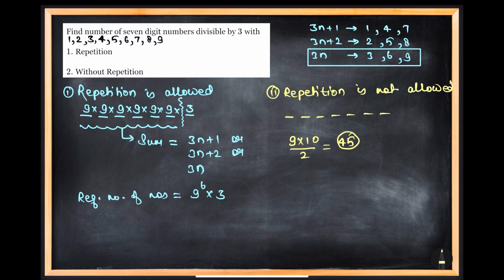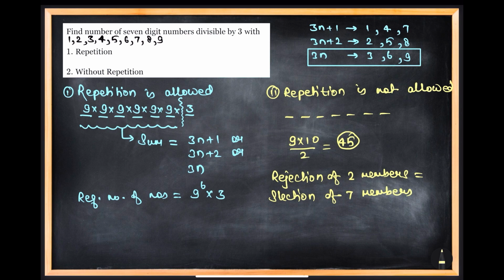So apart from selecting 7 numbers which are divisible by 3, instead you can go with rejecting 2 members out of these 9 members. So can I say that rejection of 2 members is equal to selection of 7 members? Just tell me, is this correct or wrong?